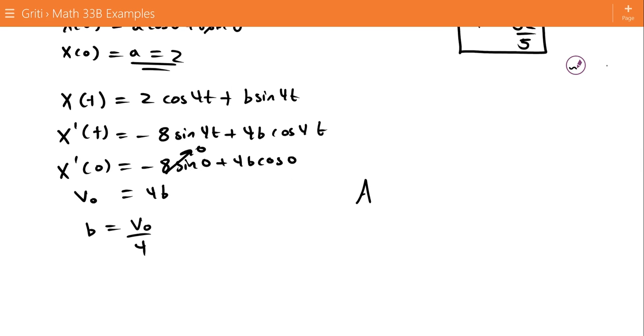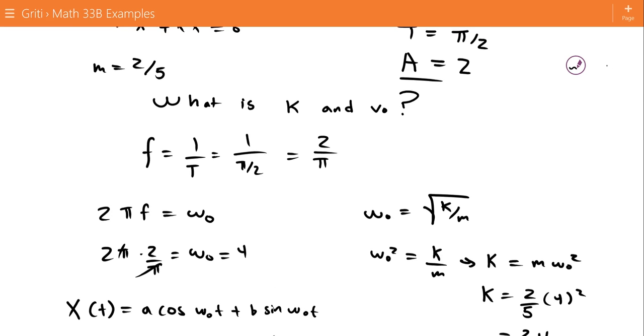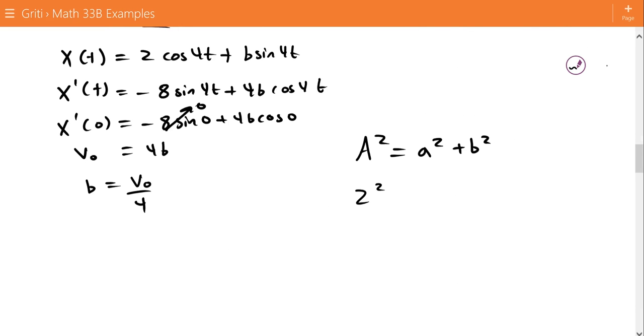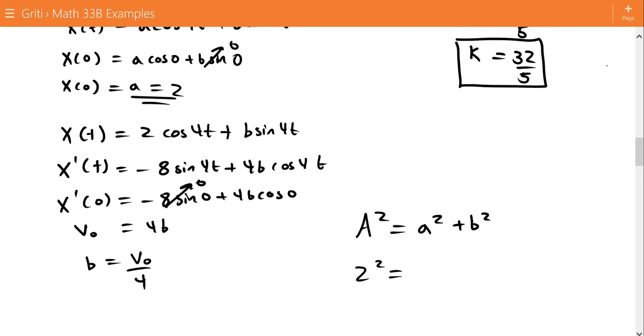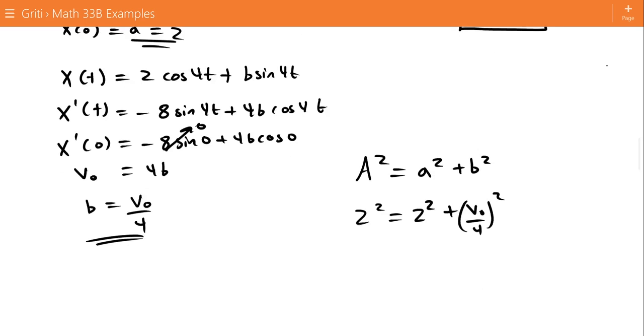Now if we use the relation that the amplitude squared is equal to lowercase a squared plus b squared, and we're told the amplitude is equal to 2, so we have 2 squared equals a squared plus b squared. Lowercase a is 2, so that's going to be 2 squared, and b is v naught over 4, which we found over here.